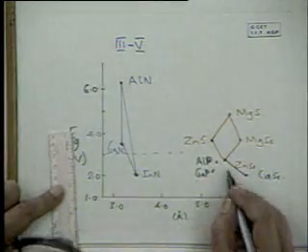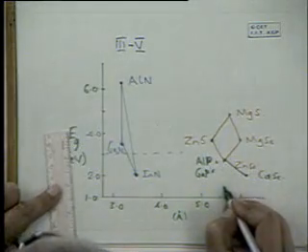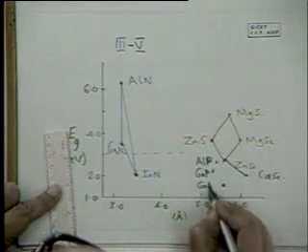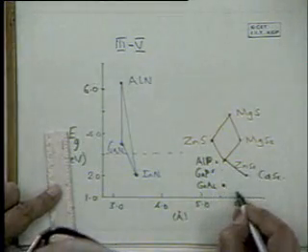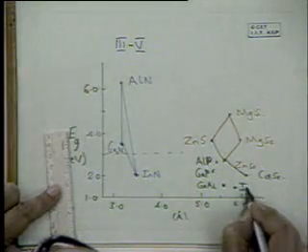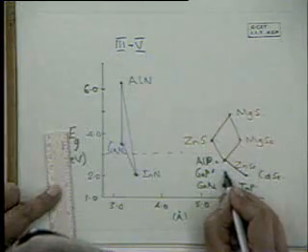So gallium arsenide lattice matches somewhere here. This is gallium arsenide. Among the older 3,5 compounds, indium phosphide is somewhere here. Aluminium arsenide is somewhere here.